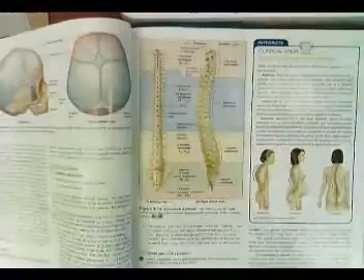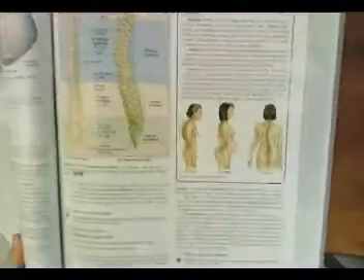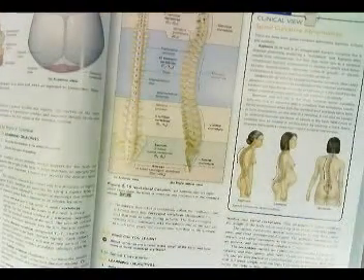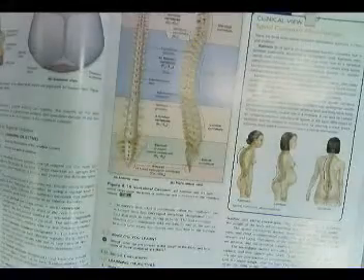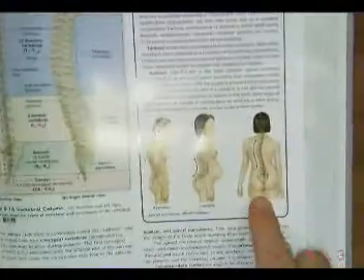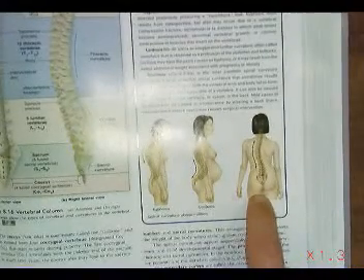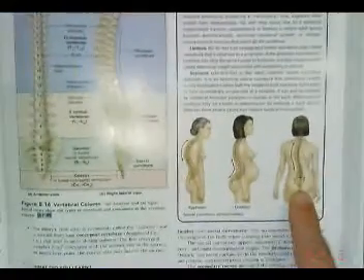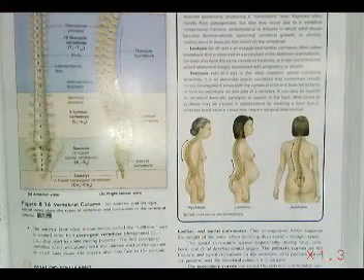And then if you look, there's a picture in the book about different disorders that have to do with the curvatures. So there's scoliosis in there, because people asked about that on Monday. If you look at scoliosis, instead of the curve going front to back, the curve is going to the side.